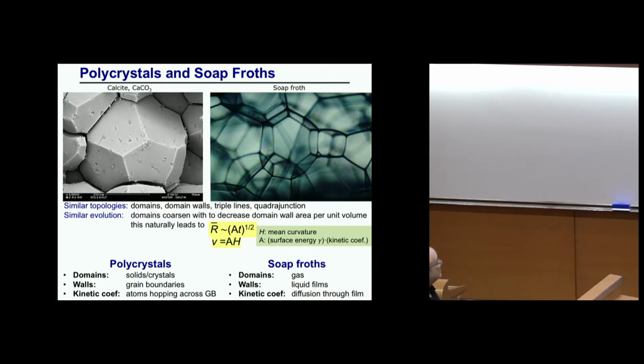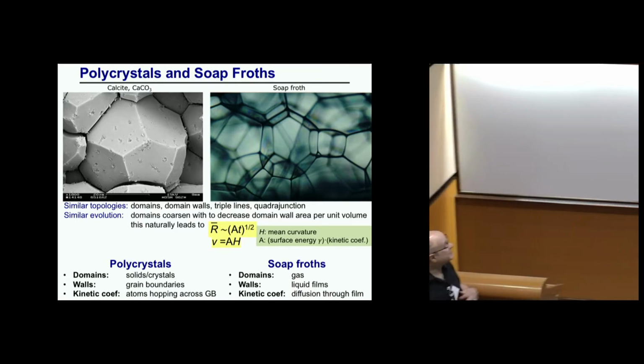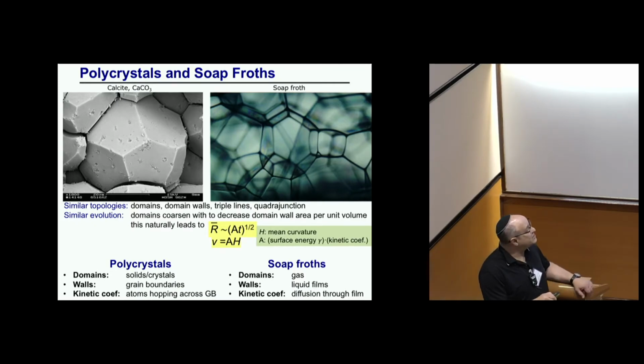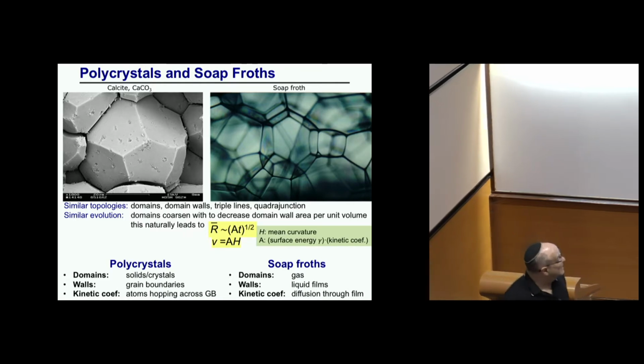The interesting thing is that if you look at it topologically, the structures are very similar. You have domains surrounded by walls. The walls are delimited by junctions like this or like that, and those junctions meet at points like this.